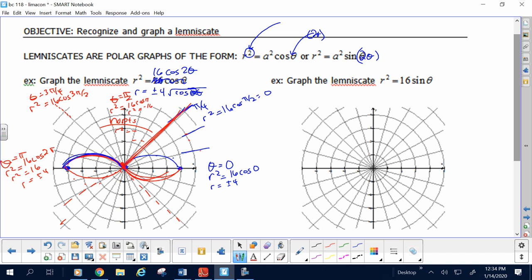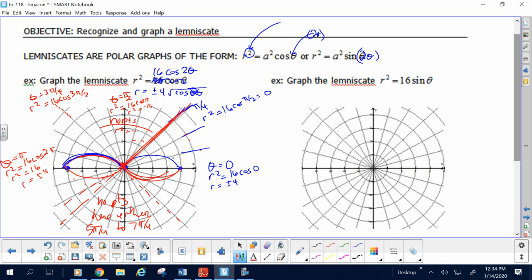No, oops, I missed. No points in here also. From 5 pi over 4 to 7 pi over 4, again, that's a region where R squared is negative. Okay, now that then is a lemniscate. It looks like a propeller or an infinity sign, yeah?